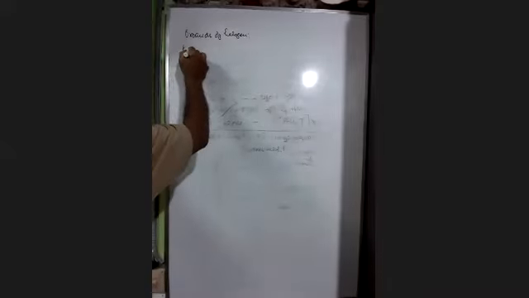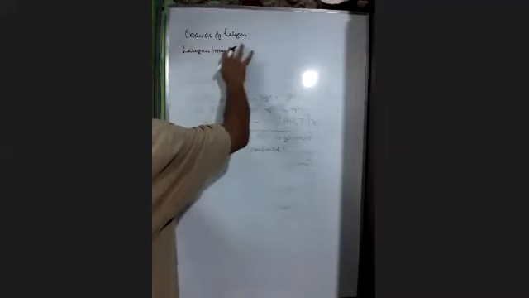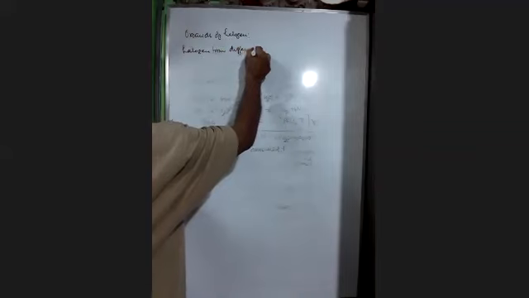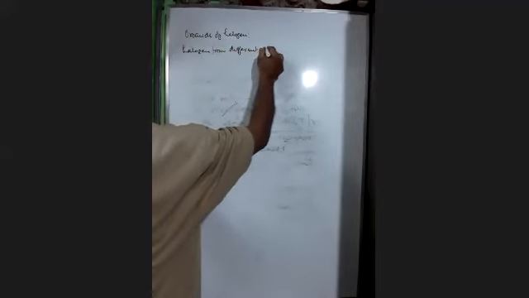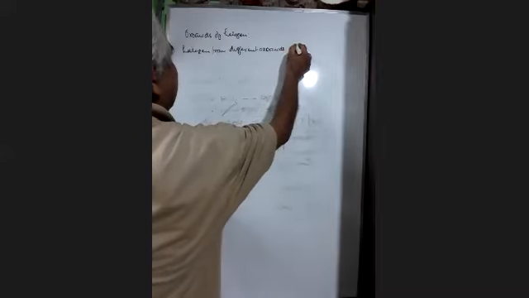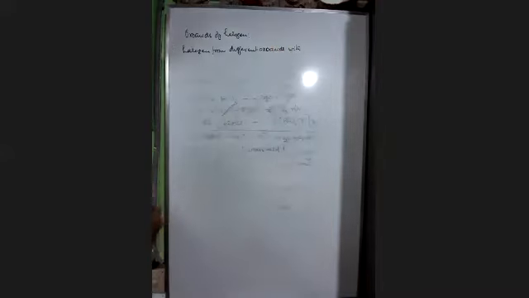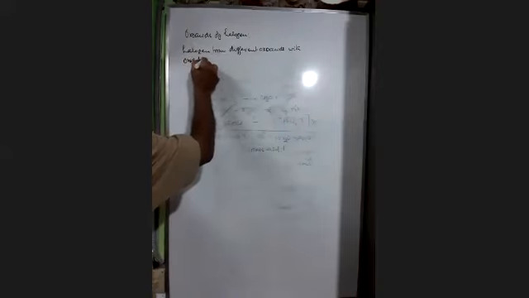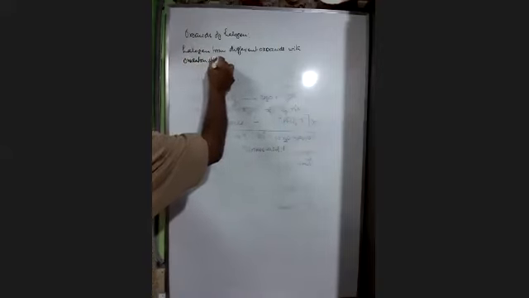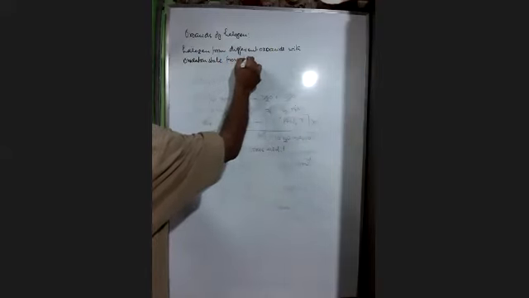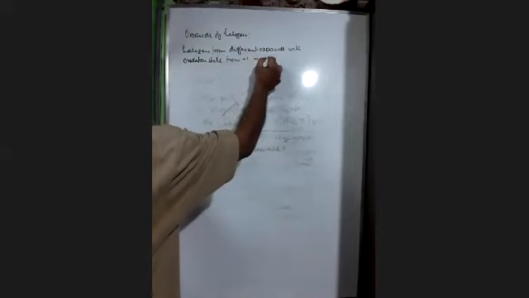Halogens form different oxo acids with oxidation state from +1 to +7.